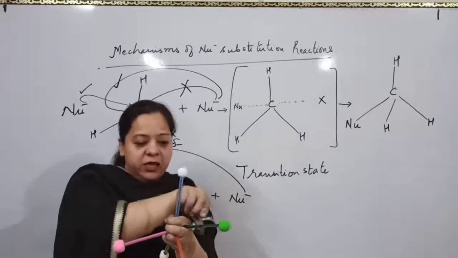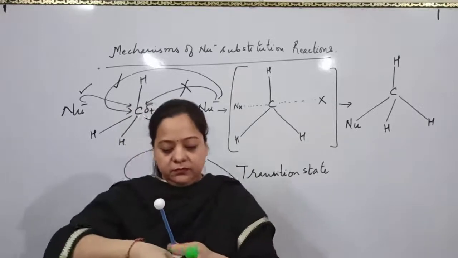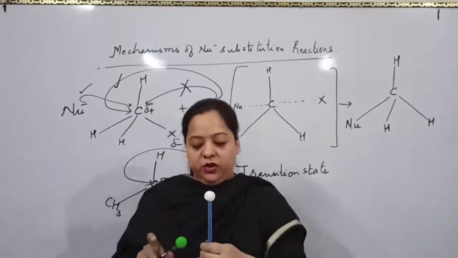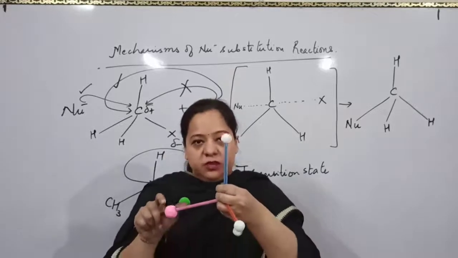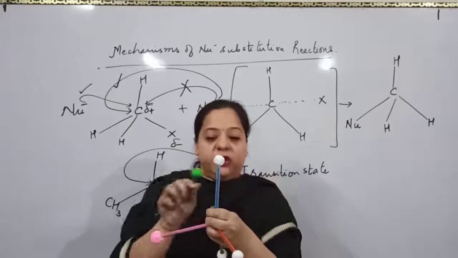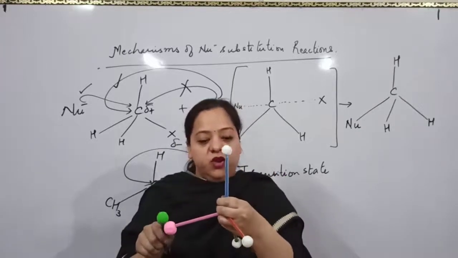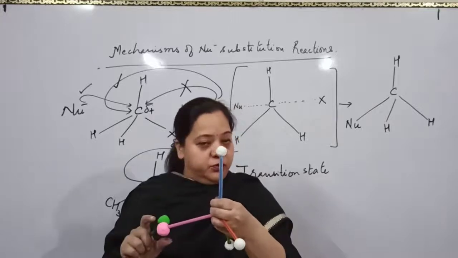are complete, the leaving group leaves and the incoming nucleophile occupies the position which is a mirror image position to this leaving group. The leaving group was on this side, and the incoming nucleophile occupies the mirror image position.